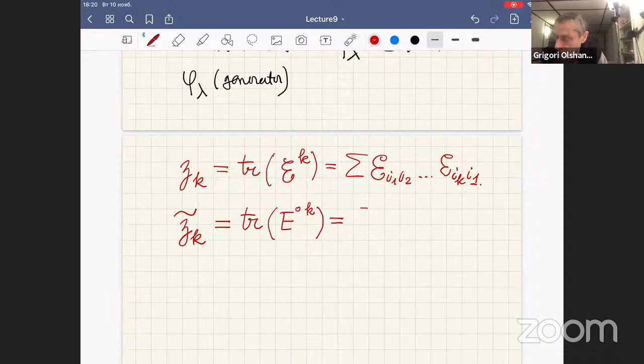So we write just the same expression, but the product is in the non-commutative algebra.